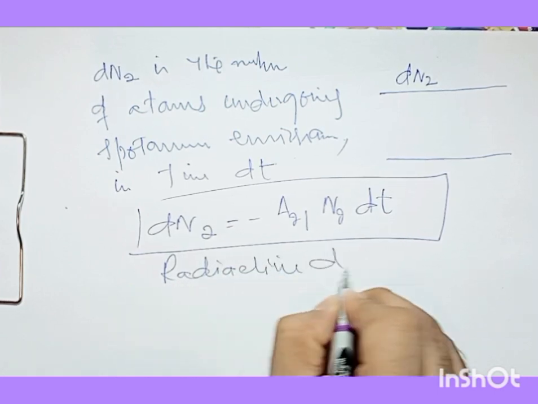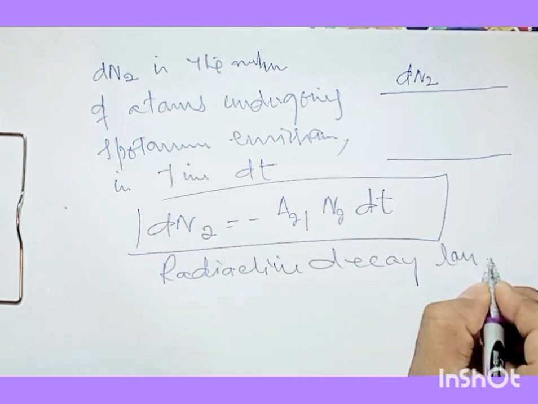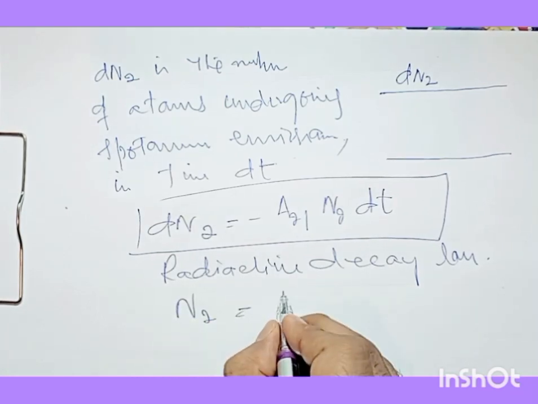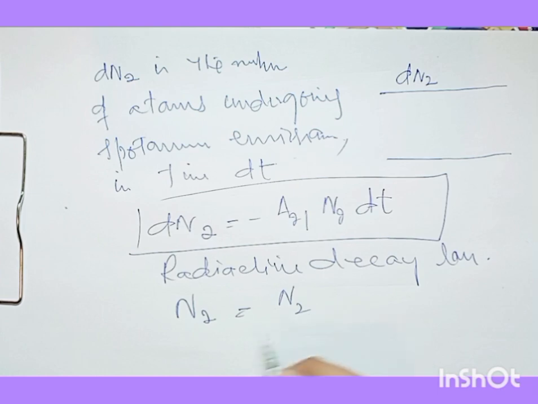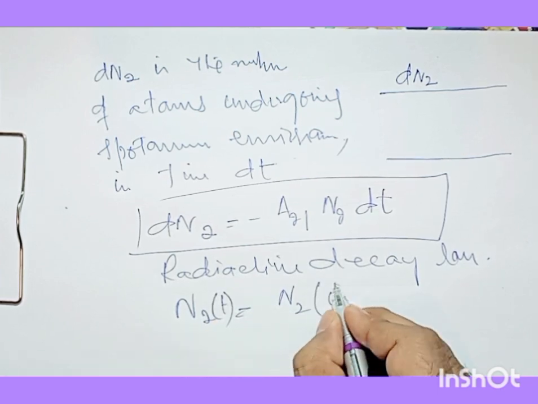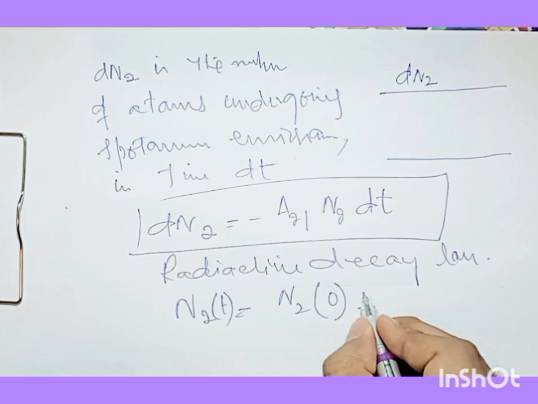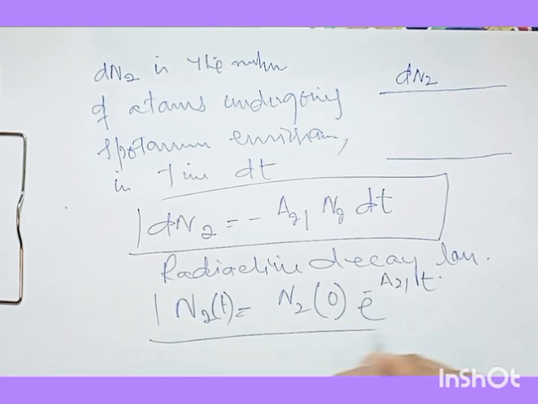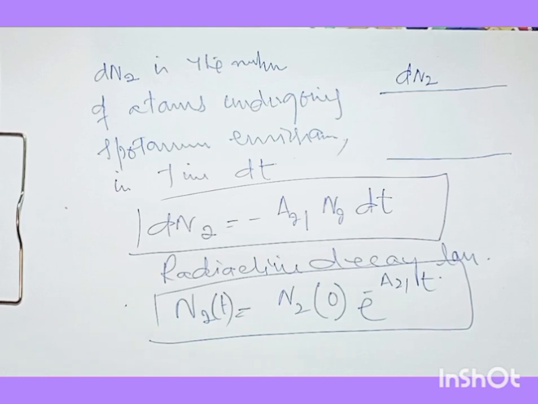Radioactive decay law. So I can write n2 at time t equal to n2 at time 0, e to the power of minus A21 t.